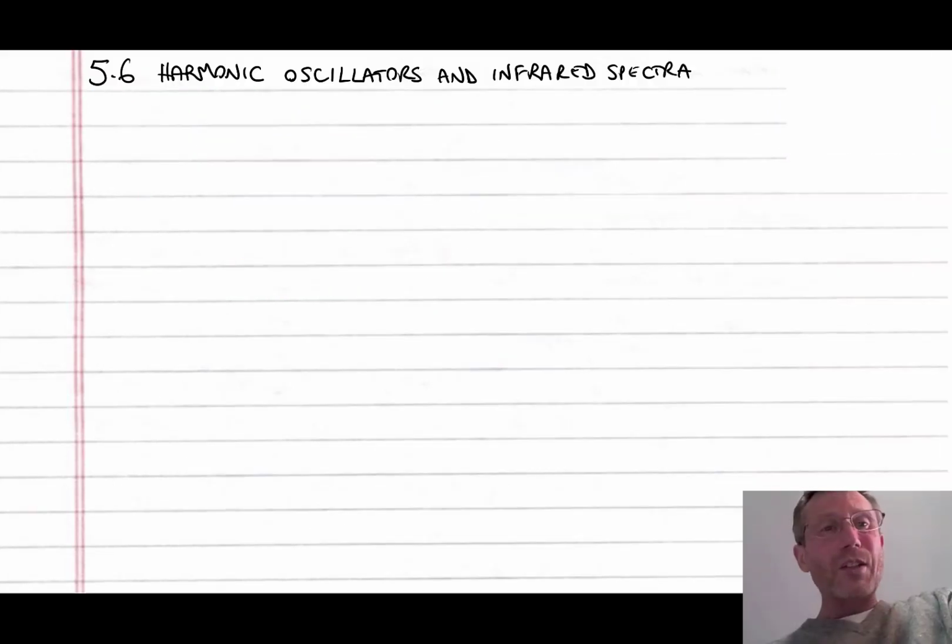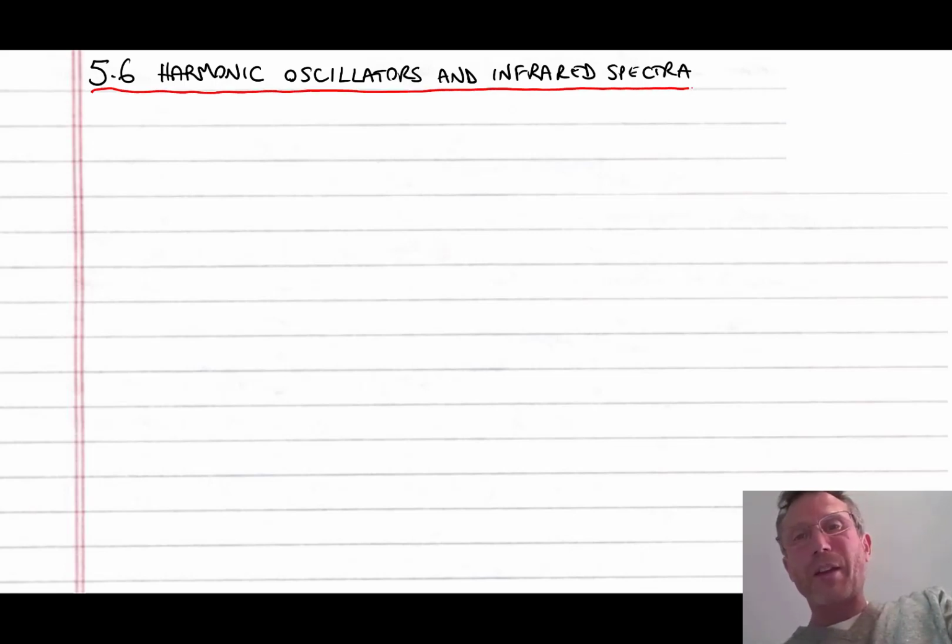This next section is titled Harmonic Oscillators and Infrared Spectra. It's section 5.6 from the textbook. And yes, we're starting to ask ourselves, what do these energies mean when we're doing infrared spectroscopy?